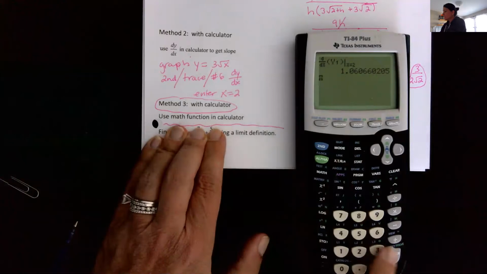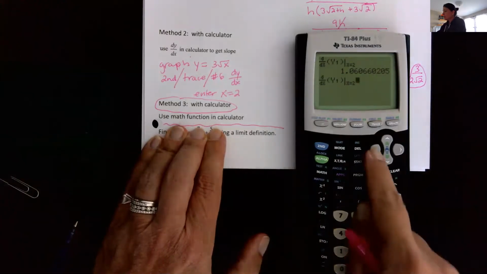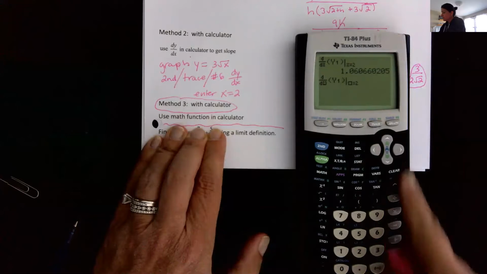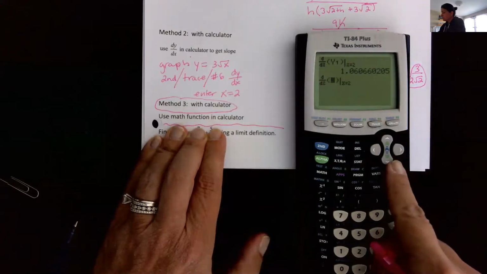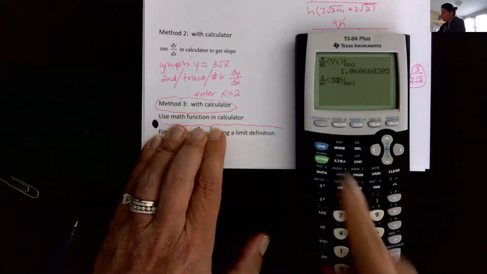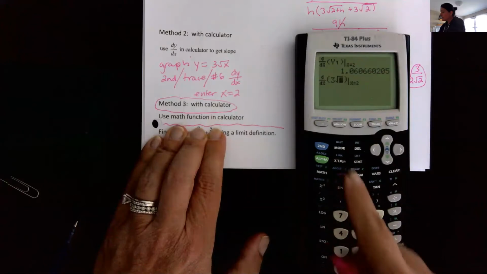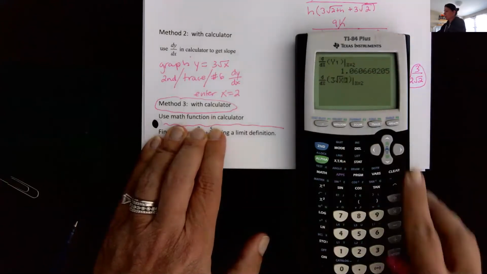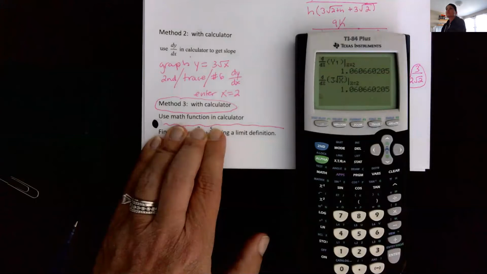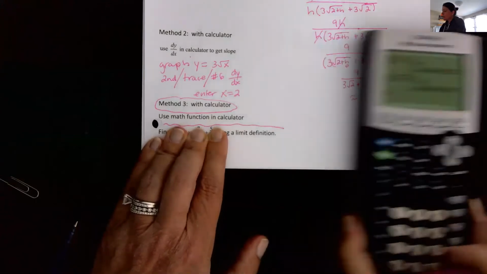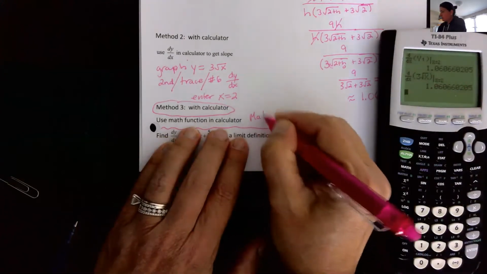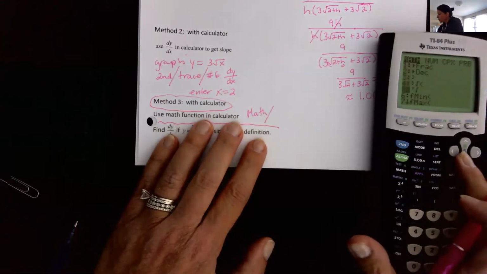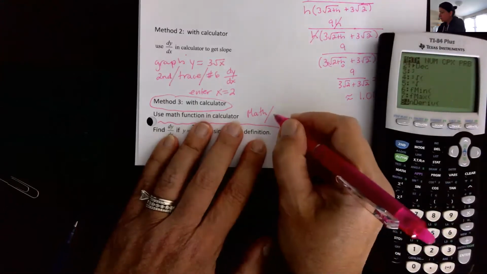So I'm going to second enter. I'm going to do this again. And in here, that's what I was going to clear out. So I could do 3. You could always just put it in there if it's not in your y1. There you go. So with the math function, that was number 8, I believe.